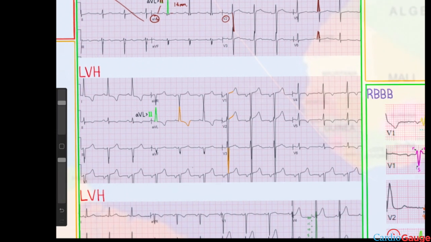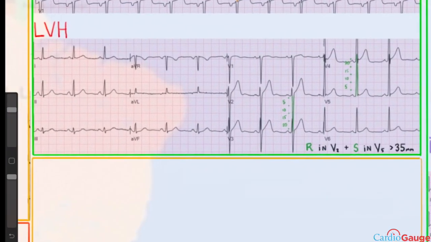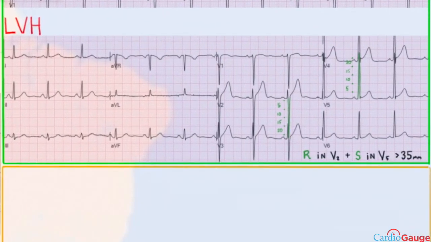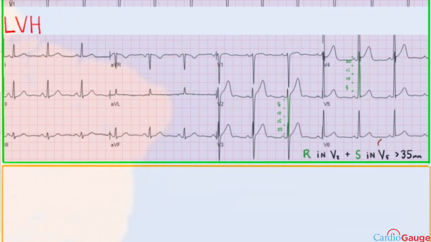Let's take a look at this one here. All right, so the largest, there's a typo here. This should be S, and this should be R. Sorry about that. So the largest S wave in V2, here's the S wave, and that's maybe 23 millimeters, plus the largest R wave in V5 or V6, and the V5 one's bigger, goes up to there, and that one's maybe 28 millimeters.